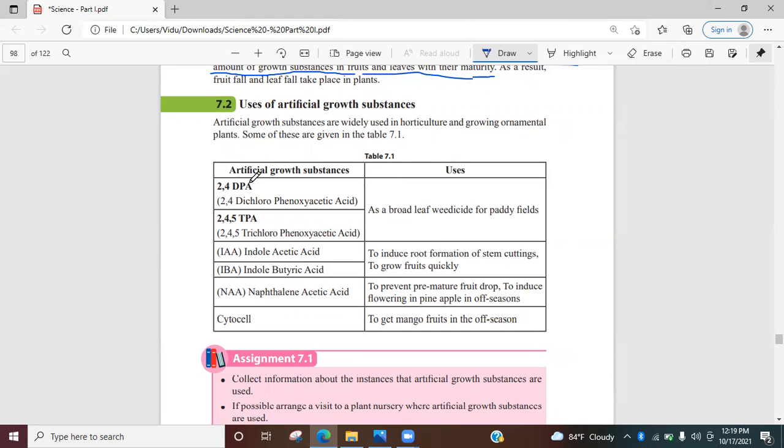2,4-D, meaning dichlorophenoxyacetic acid, and also 2,4,5-T. These both artificial growth substances are used to kill broadleaf weeds in paddy fields.